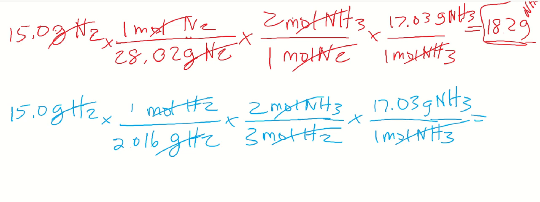Wow, that's a big number, much bigger than the grams of ammonia. Let me punch these in again. Does it make sense? It does, because you're going to have way more moles of hydrogen. Hydrogen is way lighter than nitrogen, so that does make sense. Okay, so we're probably fine.